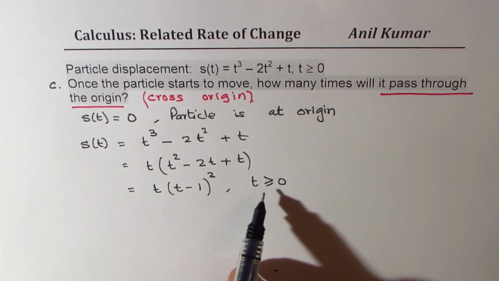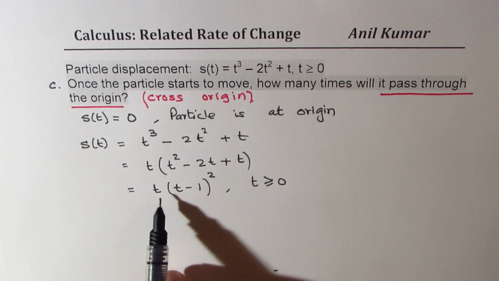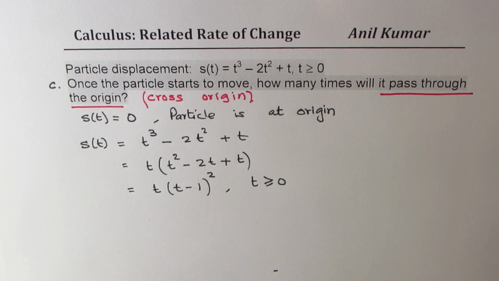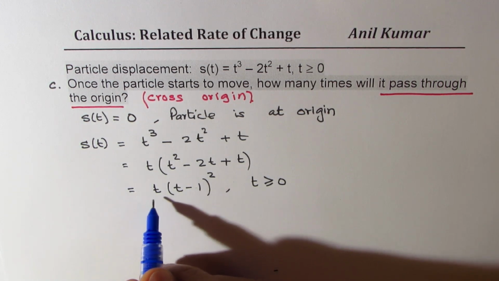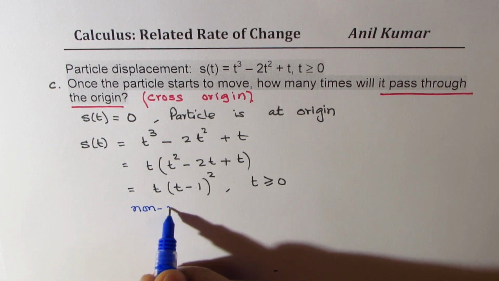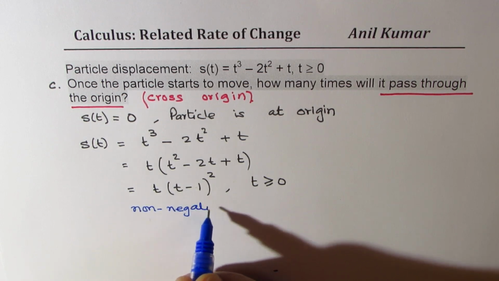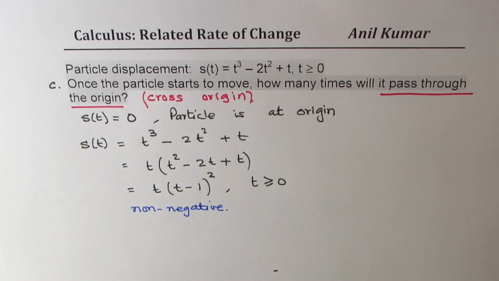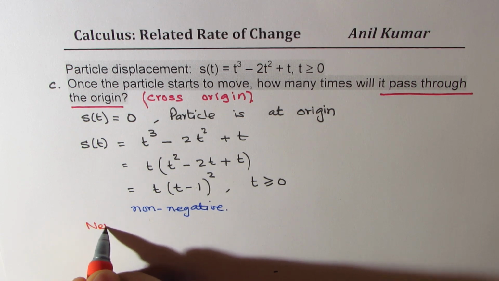In that scenario, t is non-negative, right? So this part is always positive. This is also positive. So that means it is non-negative. Since the expression is non-negative, we get an answer, which is that it will never pass through.